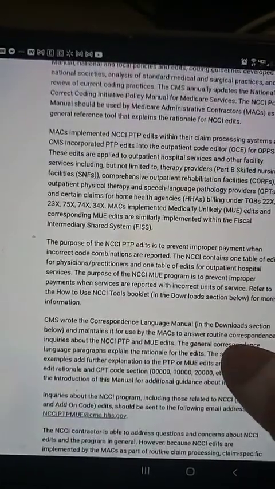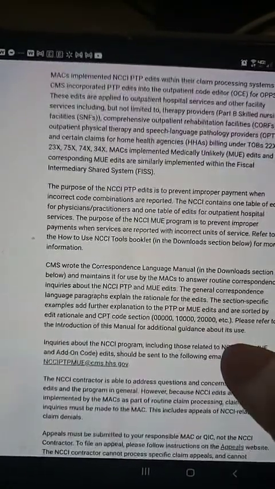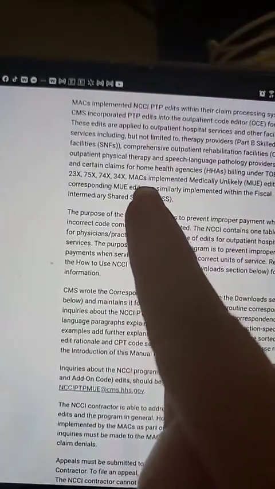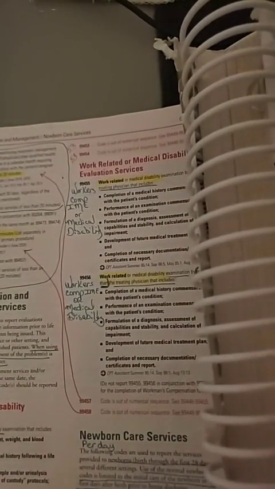So MACs are, so if you have, go back to this again. You have the guidelines that they put out in the ICD10. And then you've got companies come out and they audit them.